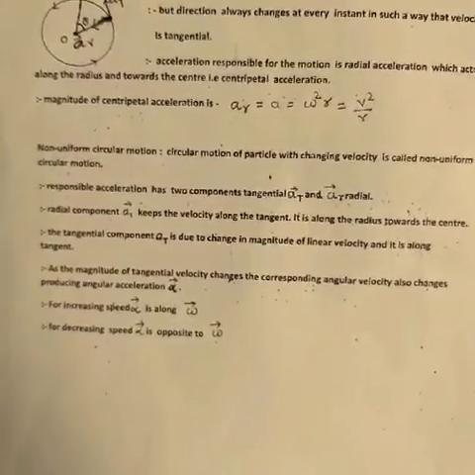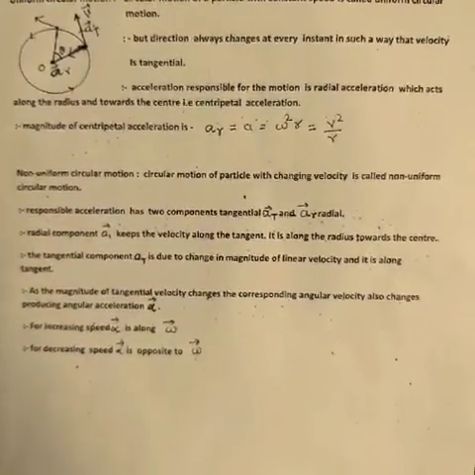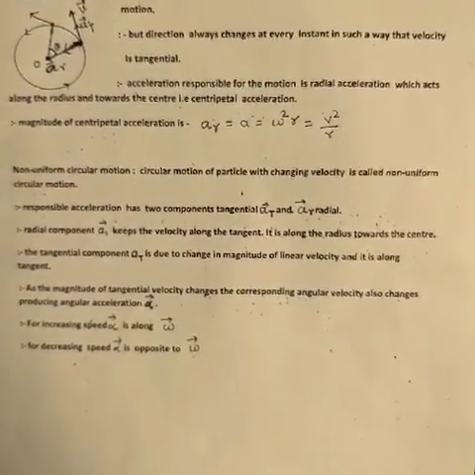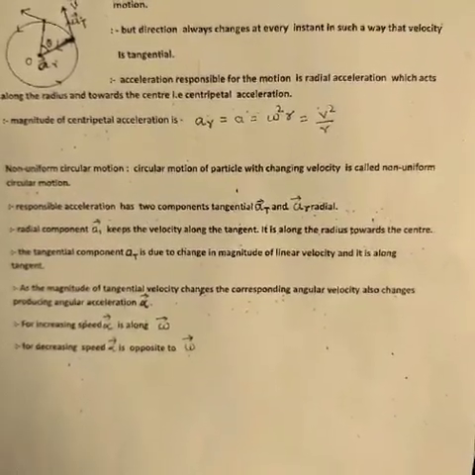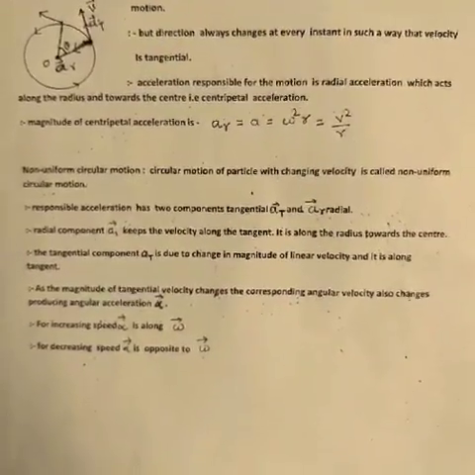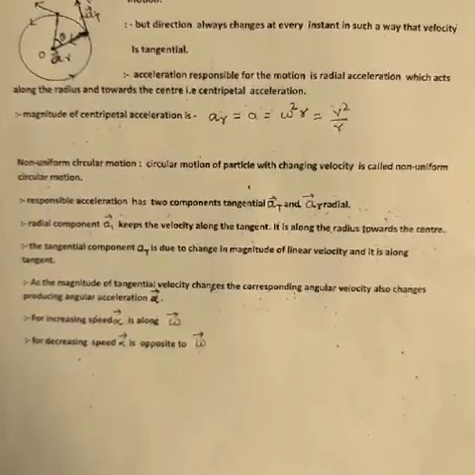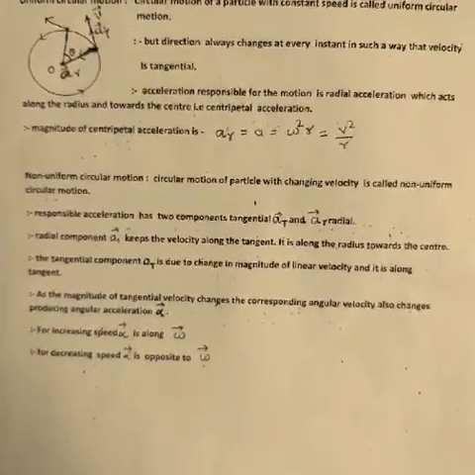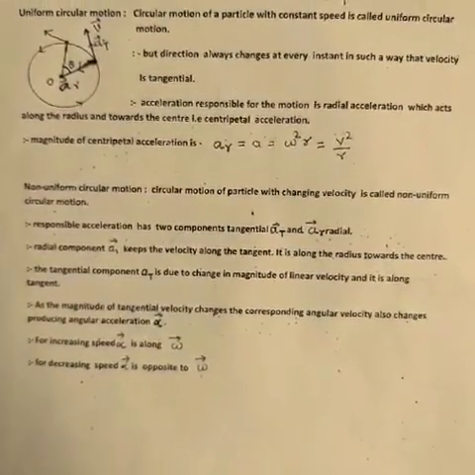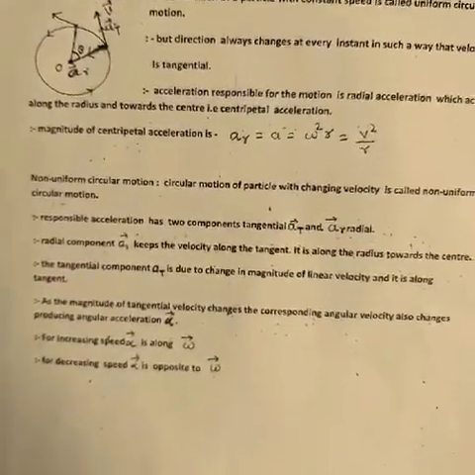The radial acceleration keeps the velocity tangential. It helps to change the direction of the velocity and keeps it tangential, and also helps to trace the circular path. And it is directed always along the radius and towards the center of the circle. That's why we call it centripetal acceleration.